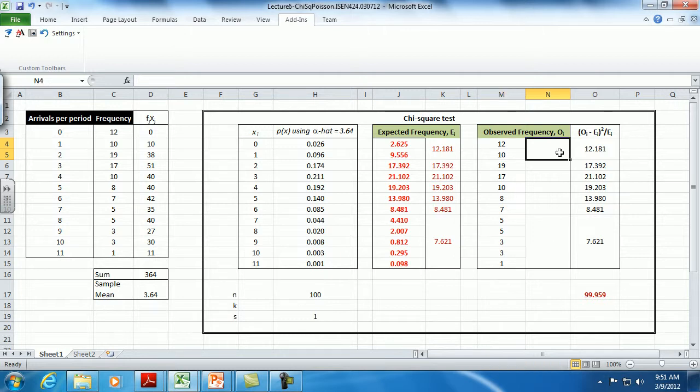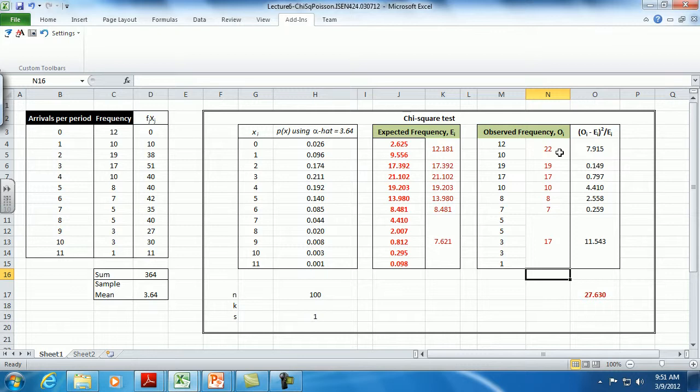So when you combine these two, this equals 22. Then you have 19, which you don't have to combine, 17, 10, 8, 7. And since you combined the last 5 cells, now you have to combine them for the observed frequency as well. So this is 17.